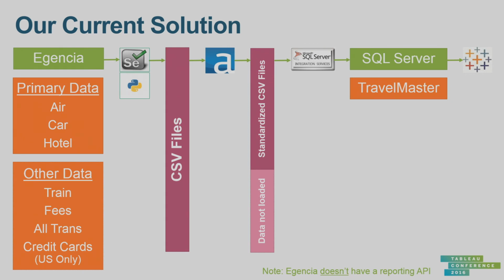Then we're using Alteryx to standardize these CSV files, and once those files are ready, we're loading them with an SSIS job from the LAN into SQL Server tables. Now, there still are some manual steps along this way, and I'll talk about how we're going to hopefully automate those in the future. So if you are going to create your own ETL solution for Agencia, what are some of the steps or decisions that you might need to make?